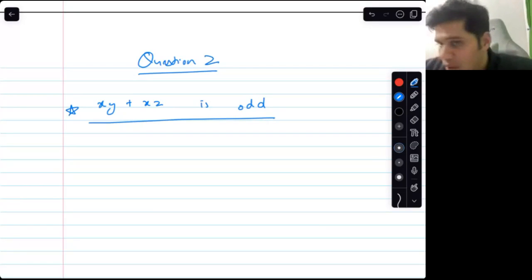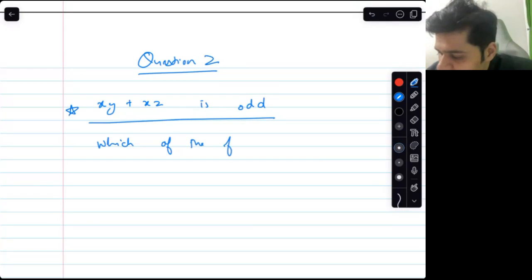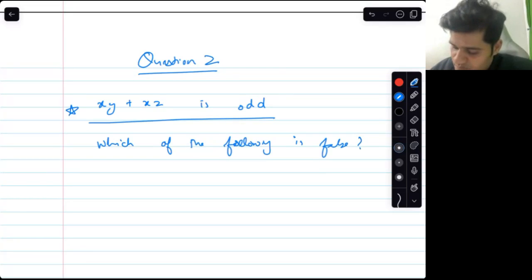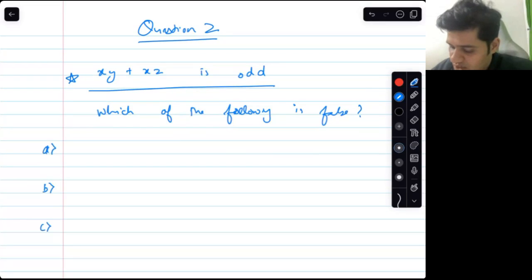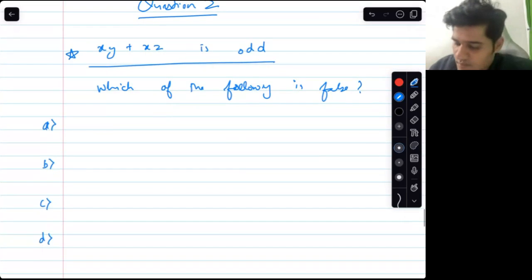Xy plus xz is odd. Which of the following statements is false? What are the 4 options? A, B, C, D. First option, xy plus yz plus xz is odd.